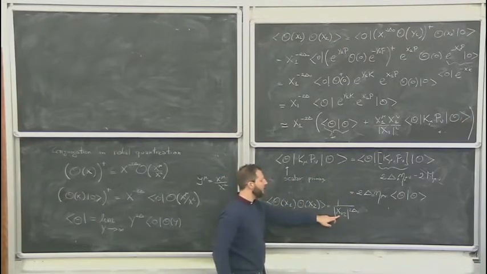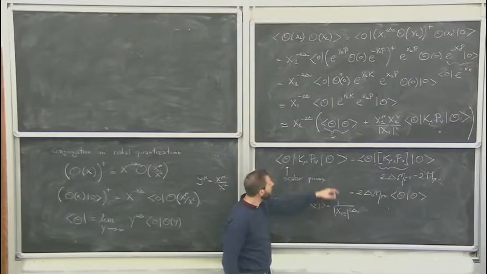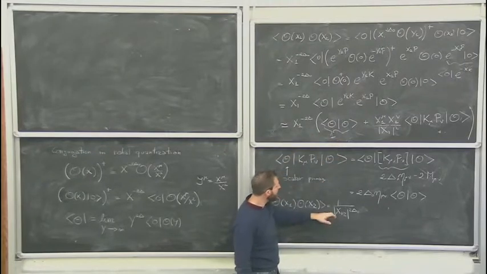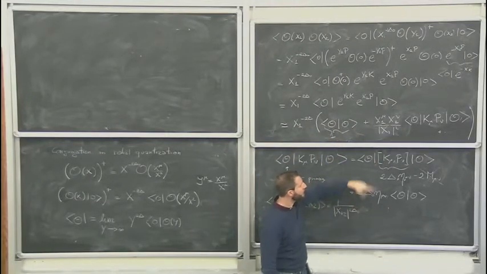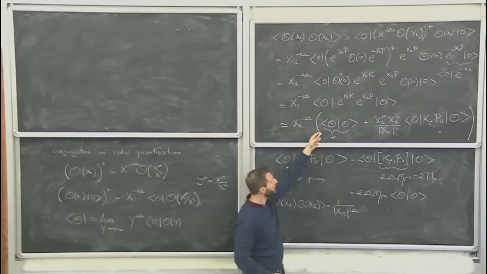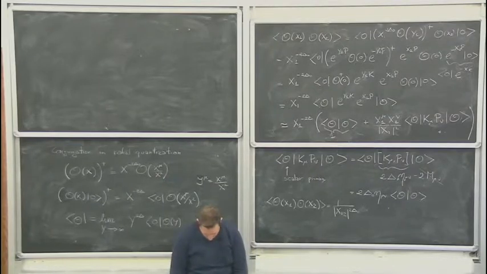So if you expand this object around small x2, around x2 equal to 0, you get the first term, which is exactly this one, plus subsequent terms, and nicely enough, you would see that all terms match. So there's another way to compute this 2-point function using the norm of the states.